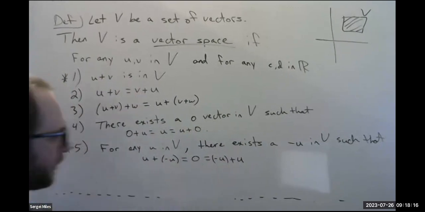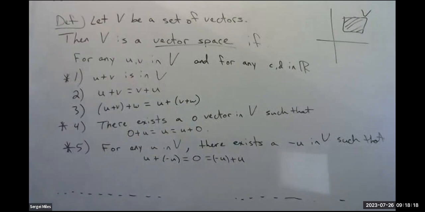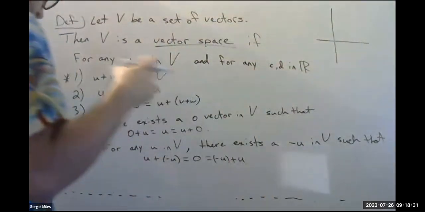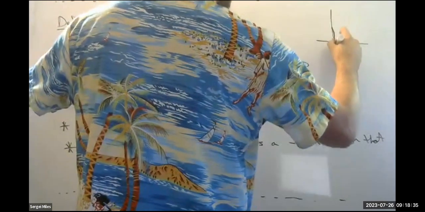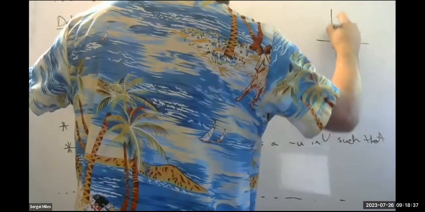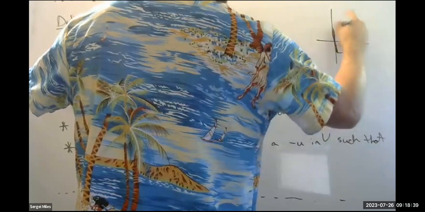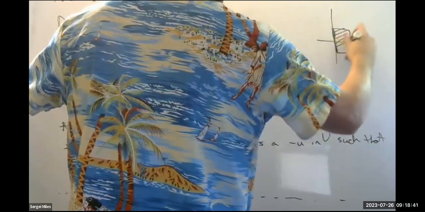So what is this talking about? Basically, for any vector, I want a way to add something to it that allows me to get back to the identity. So it's not enough to have the zero vector in your set. You need to have a way to add vectors to other vectors so that you can always get back to it if you want. So you can think about a set like this that I've just drawn on the board.